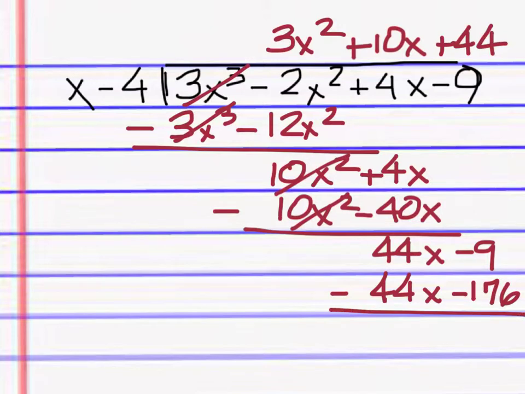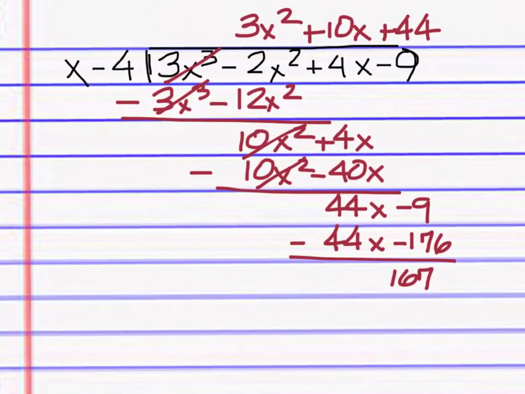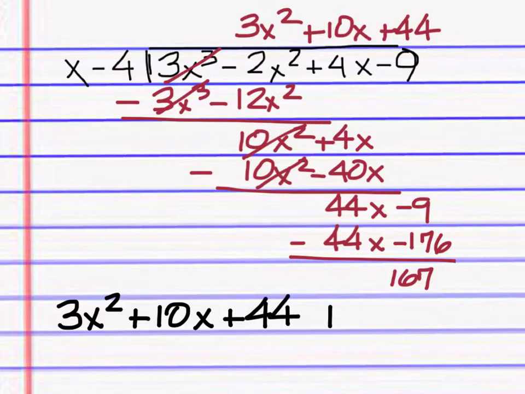What is a negative 9 minus a negative 176? 167, yes. So that's pretty much all we can do there. We have to have the final answer. So the final answer is 3x squared plus 10x plus 44 with a remainder of 167.